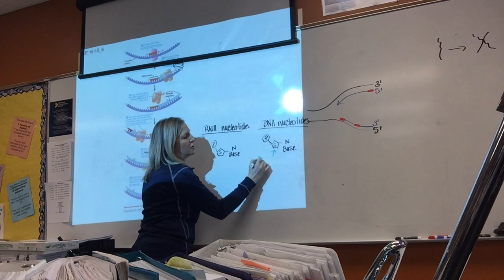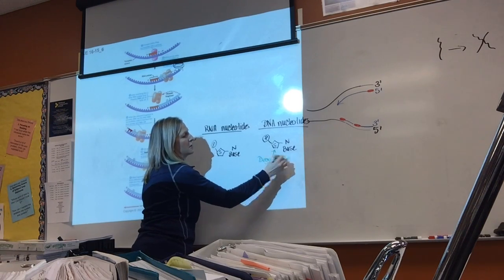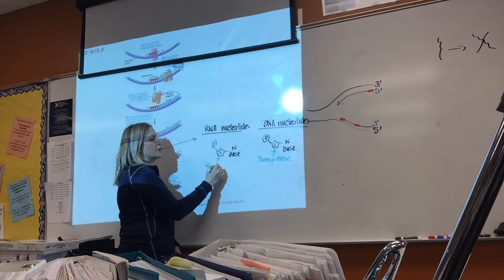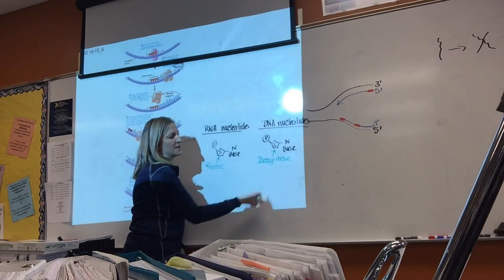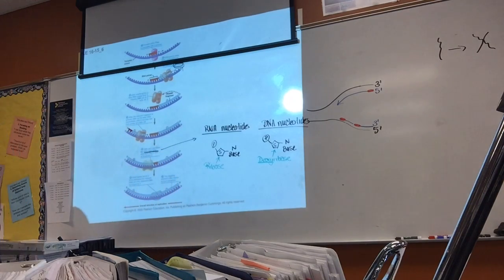So here the sugar is deoxyribose, and here the sugar is ribose. They're very similar in structure, except deoxy means it's missing an oxygen. So it's ribose without an oxygen. All right? They both have a sugar, but the type of sugar is different.